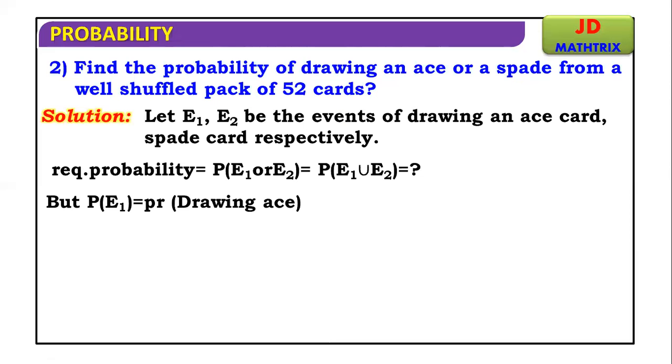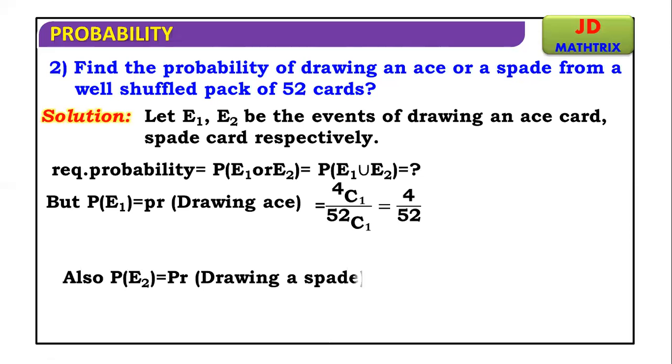So the probability of drawing an ace is equal to 4C1 by 52C1, that is 4 by 52. Also P of E2 is equal to probability of drawing a spade card. Spade cards are 13, so the probability is 13C1 by 52C1, that is 13 by 52.